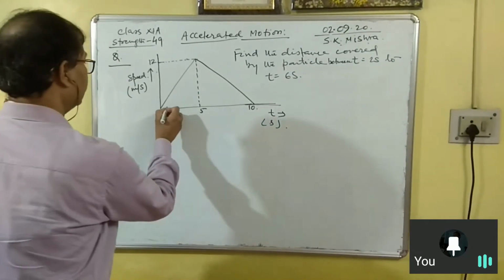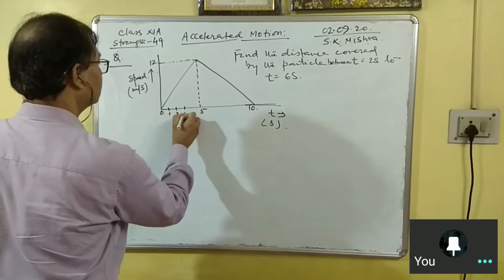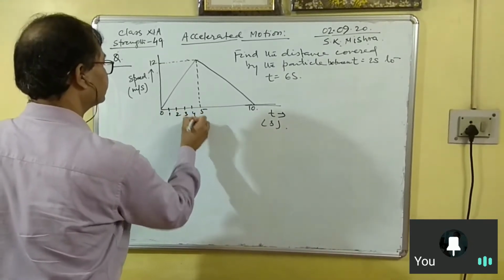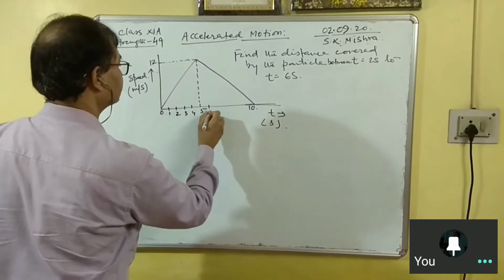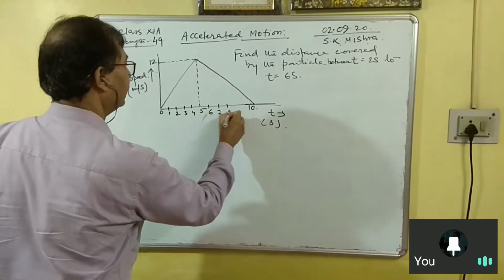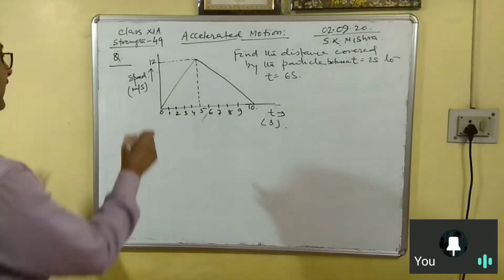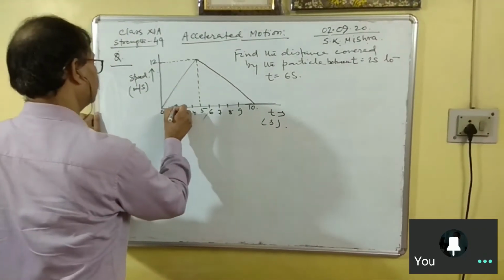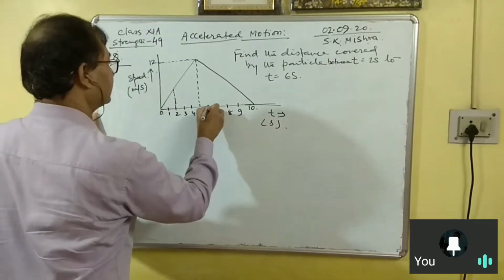So let us make it 1, 2, 3, this is 4, 5, 6, then 7, then 8, then 9, then 10. So you have to find this, t is equal to 2 seconds to t is equal to 6 seconds.